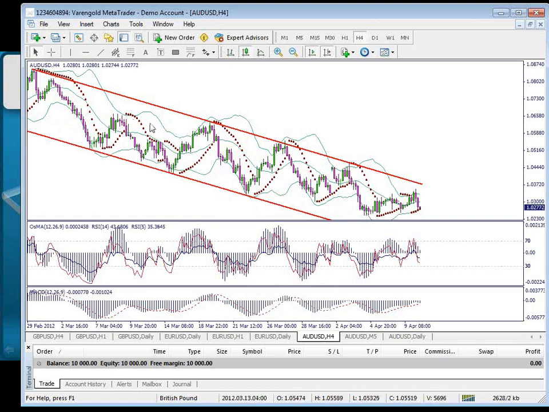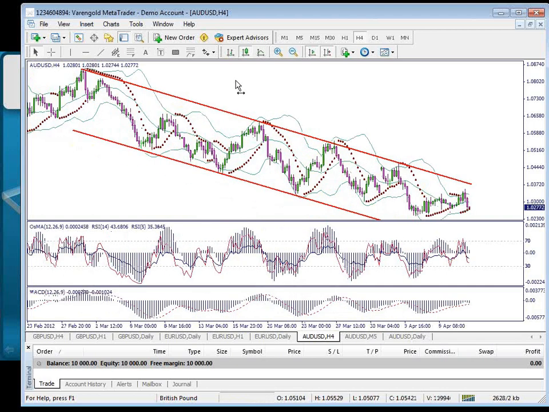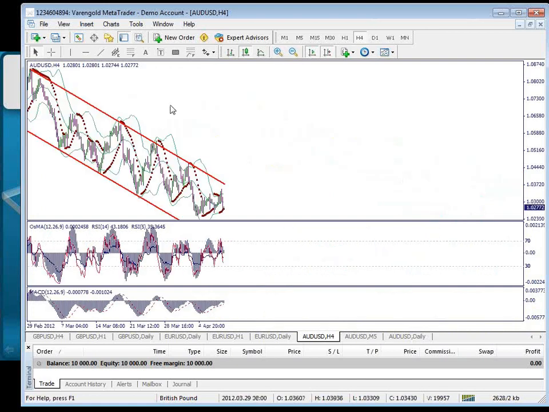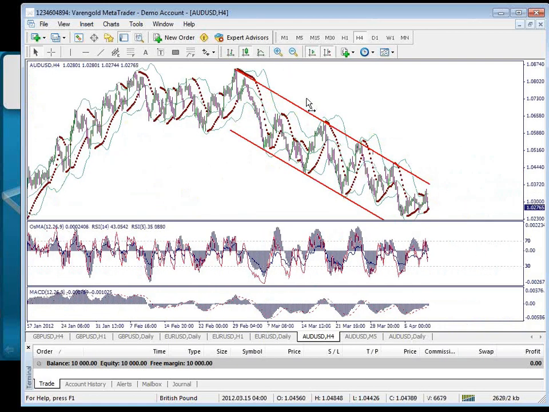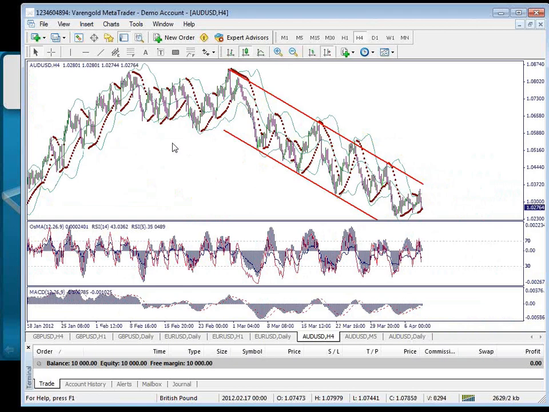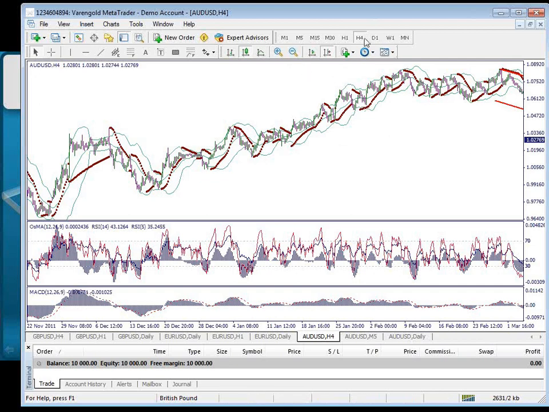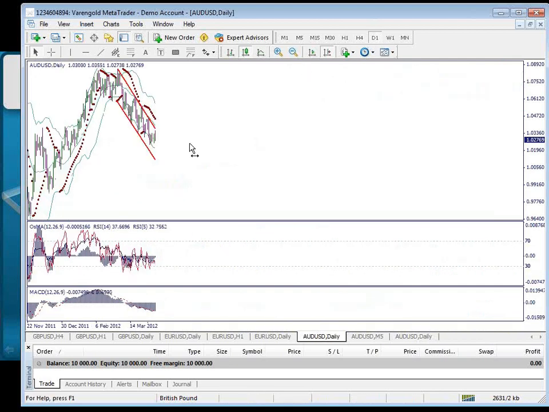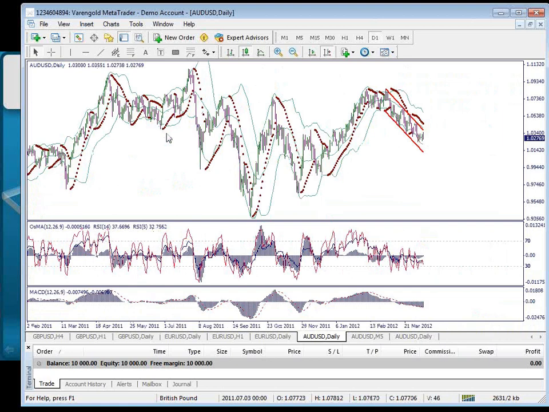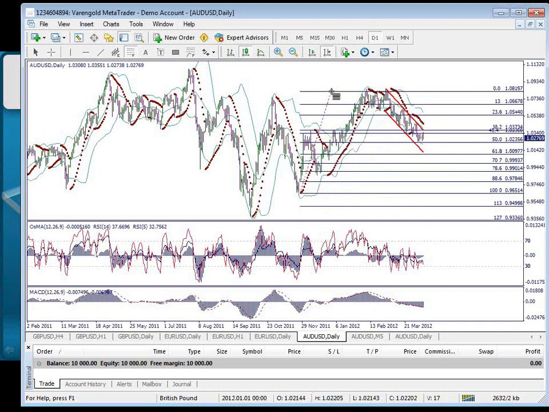Okay, and the last wave, okay, we can consider that movement, or we can consider just the last one. This is on daily.